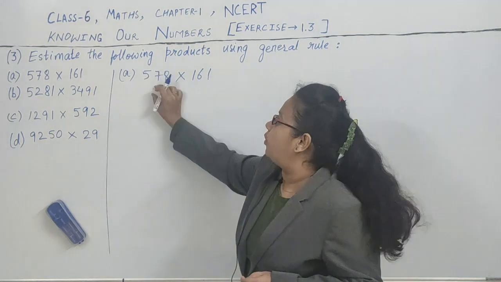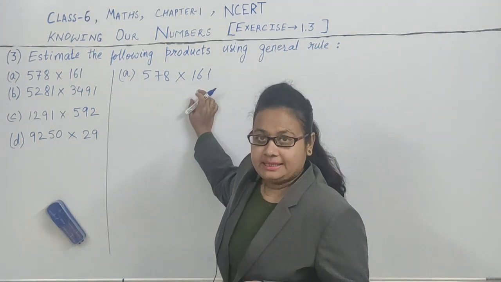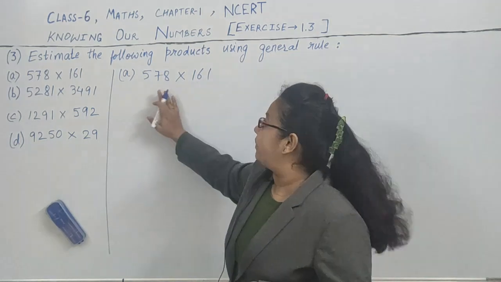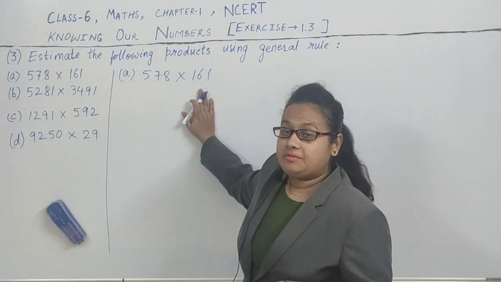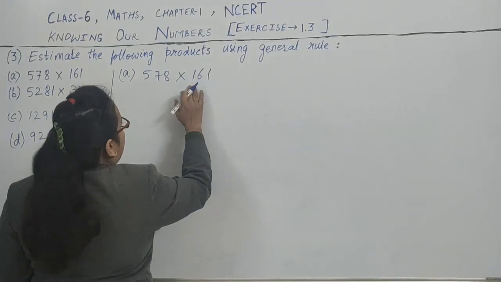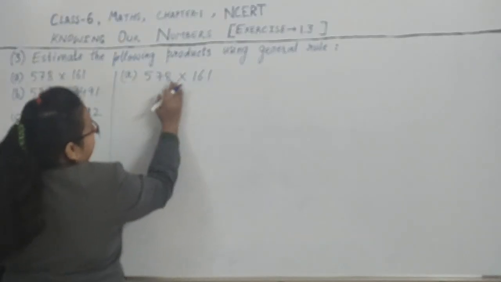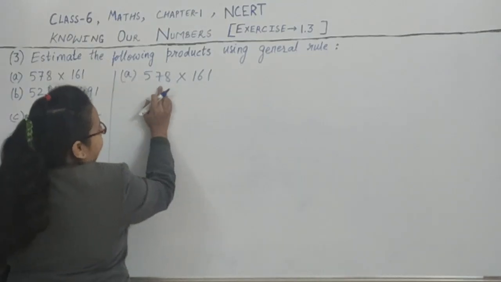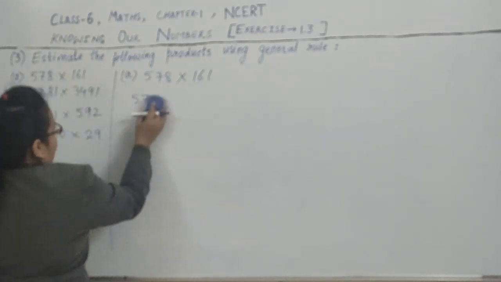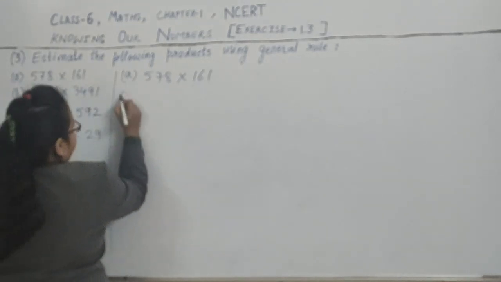After rounding off both the numbers, we will multiply them and we will get the product. That will be the estimated product of these two numbers, not the actual product. So we will round off these numbers to the hundreds because both have the greatest place as the hundreds place. So, 578, we will do the solution here.